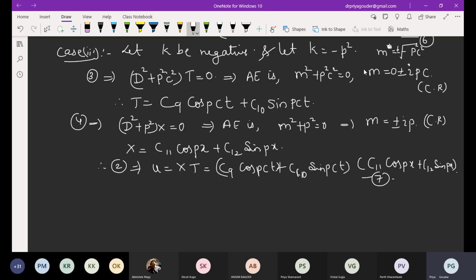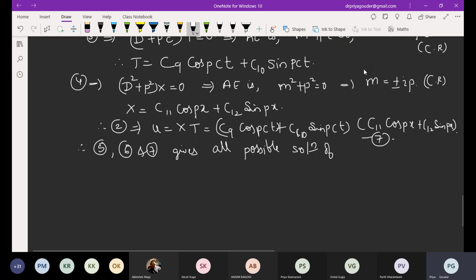Therefore, equations 5, 6 and 7 give all possible solutions of the one dimensional wave equation. You have to write this if they ask the solution part.